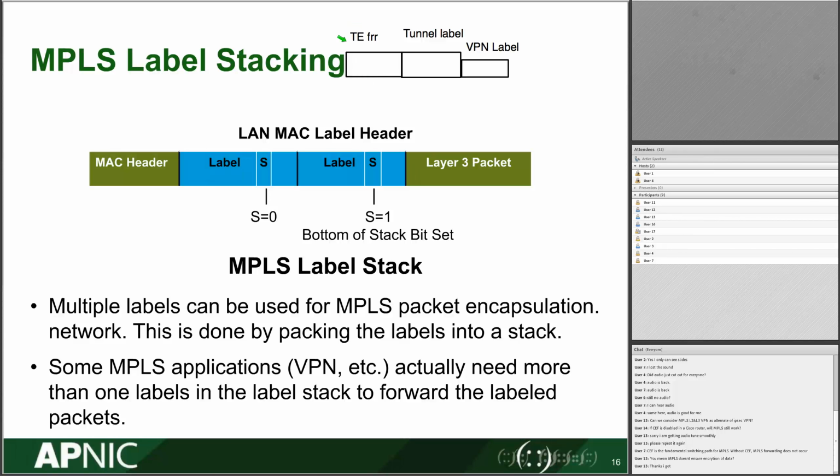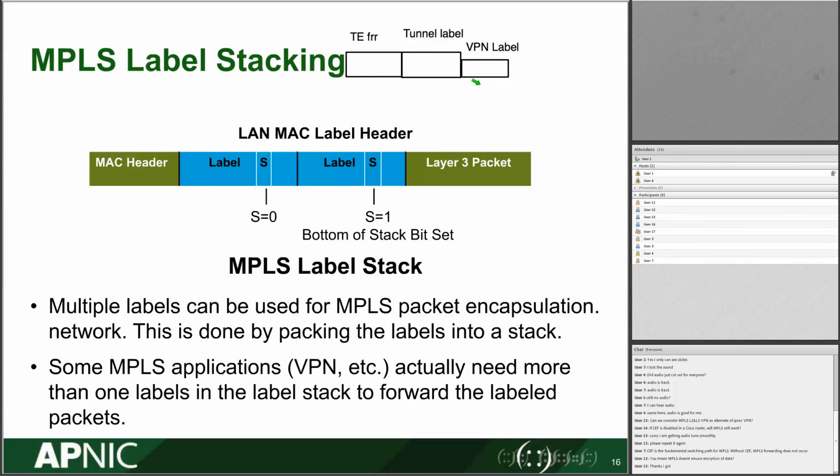And so for the routers, how can they know which one is the last label? Then we will use the S bit. S will be 1 for the last label. So here this label is the last one, and then inside is the layer 3 packet. S is 1. And in front, however many labels, all the S will be 0.